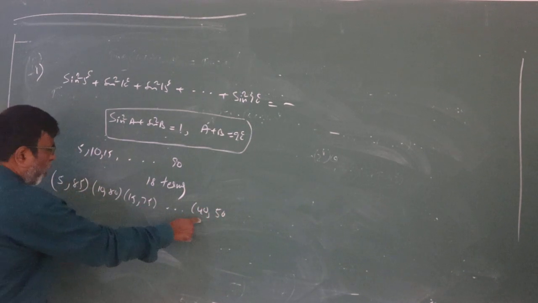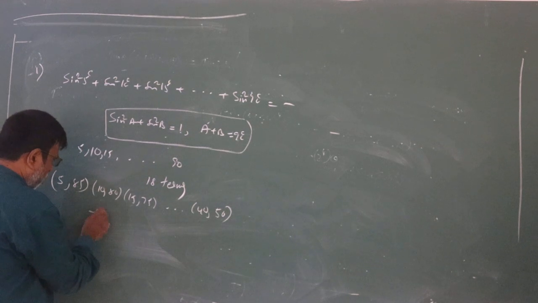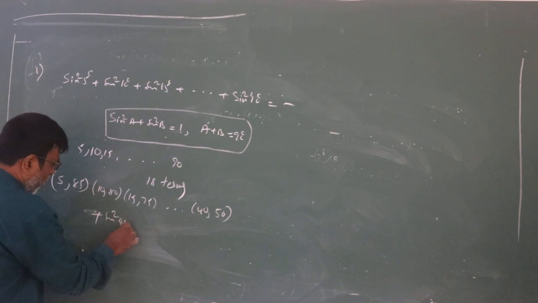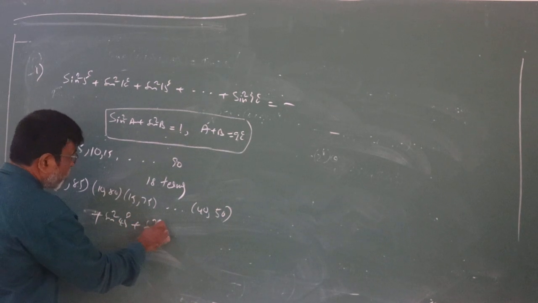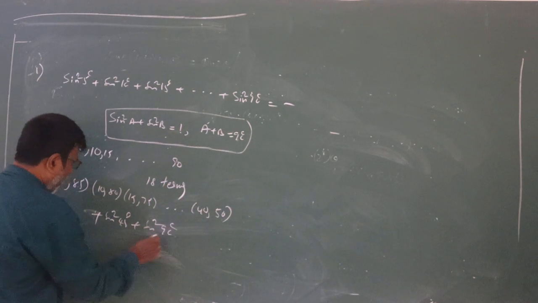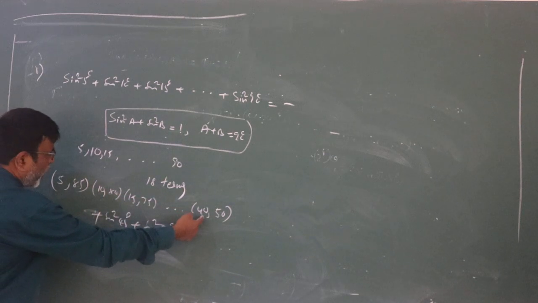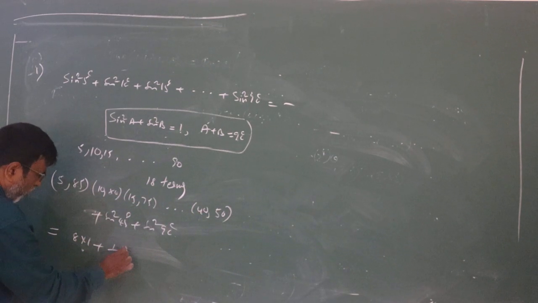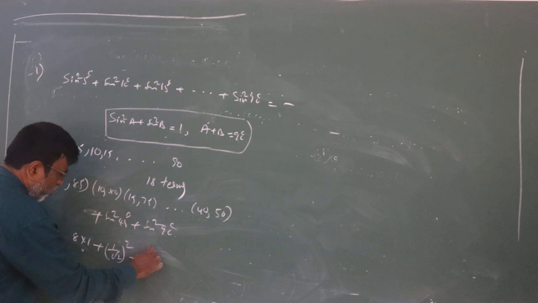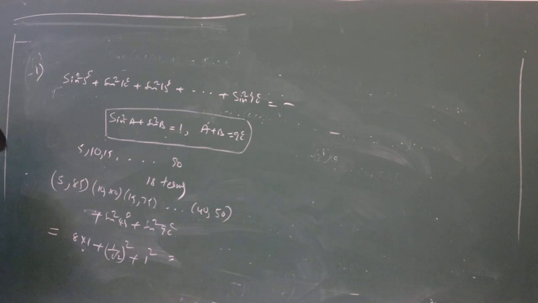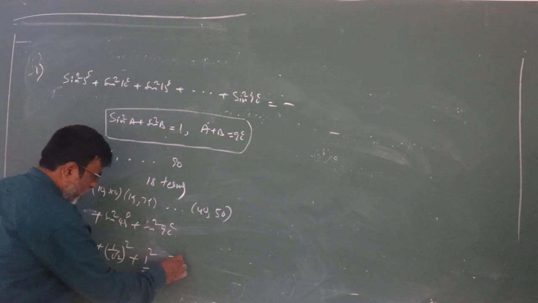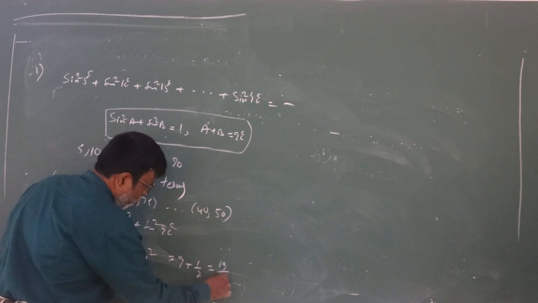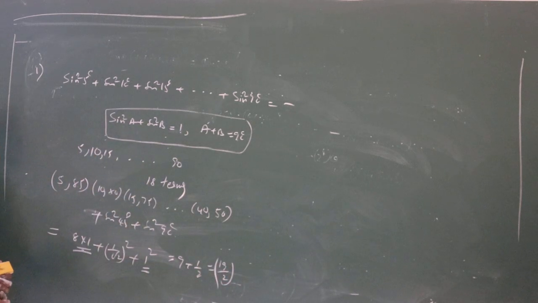Here 5 to 40 gives 8 pairs. Sine square 45 has no pair, and sine square 90 has no pair either. So these 8 pairs give 8 into 1. Sine square 45 is 1 by root 2 whole square, and sine square 90 is 1 square. So 8 plus 1 by 2 plus 1, that is 19 by 2. This is the way of solving the shortcut problem.